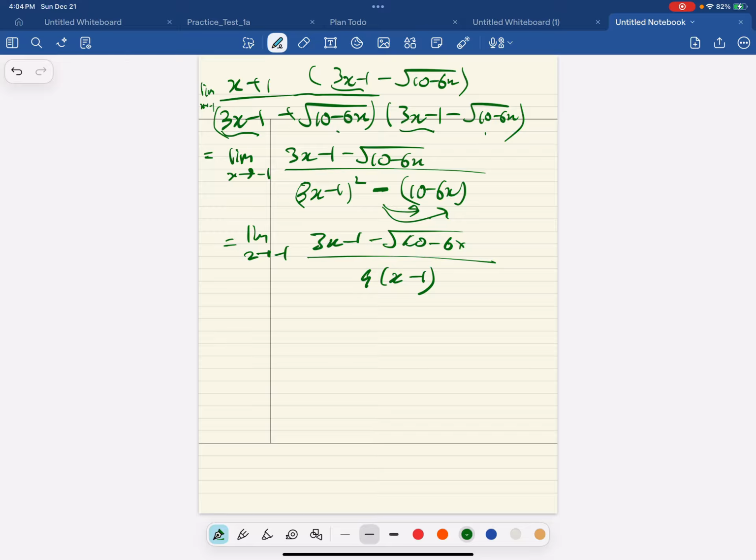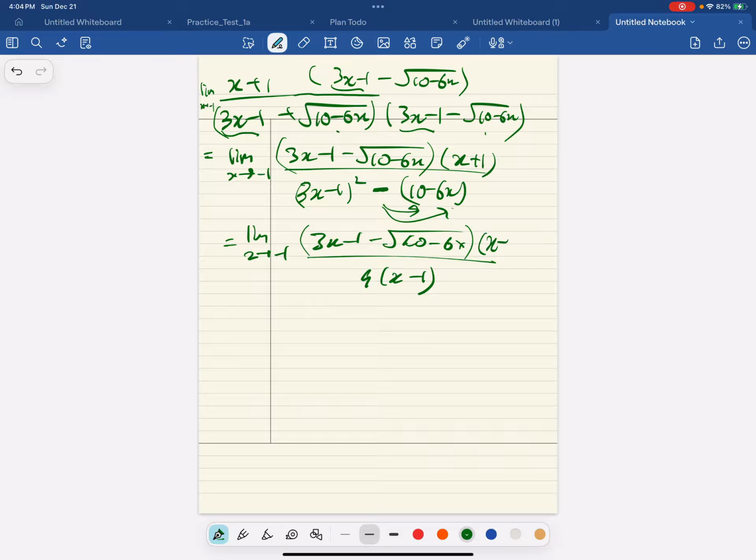By distributing this and by adding it to the 3x minus 1, you can simplify further down, and it becomes a 9 times x minus 1, whereas the top, sorry, my x minus 1, x plus 1. Oh, it's because I forgot this one, sorry. Forgot the x plus 1 all the time.